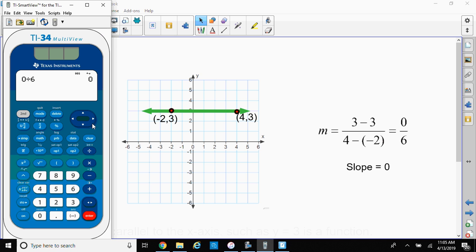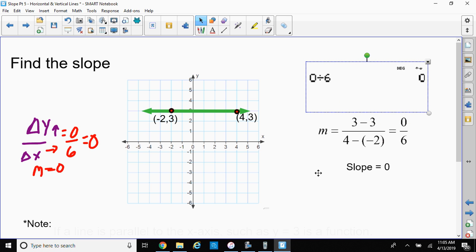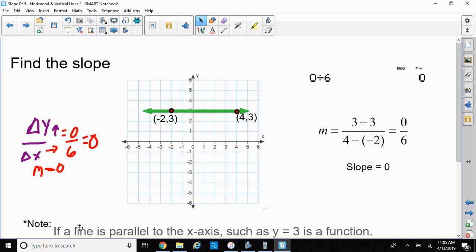So that's why your slope is 0. So let's bring that out and put that over there, so that way we have a little record of it for ourselves. So what you should note, if a line is parallel to the x-axis, such as y equals 3, this is a function, by the way, because it does pass the vertical line test. So this is a function, so that's good to know.